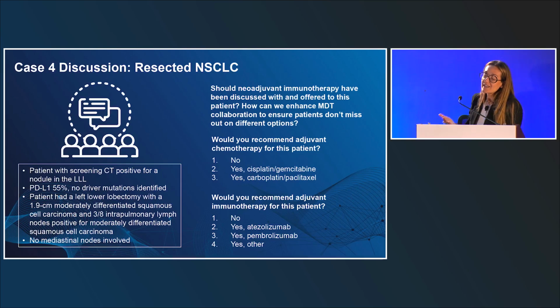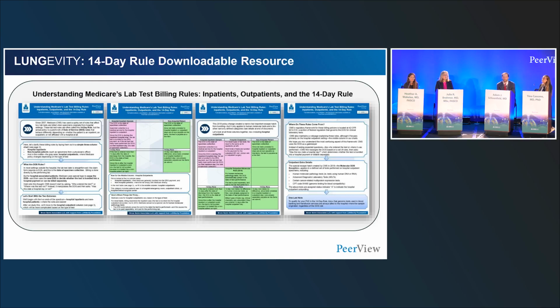But again, if you look at the data and dissect the data here, atezolizumab is something that will make a lot of sense to give. So definitely a lot of options for these patients. And as Heather mentioned, we'll see in the near future whether combining chemo and immunotherapy in the adjuvant setting would do something even more.